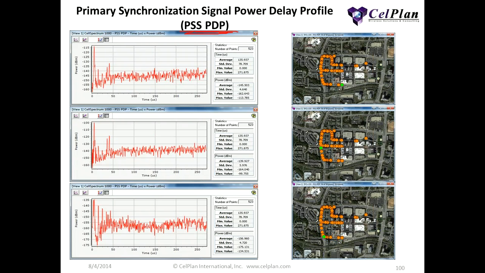Here we are showing all the multipaths that we receive, using the PSS power delay profile. Here is the main PSS that we detected, and you can see several large multipaths. Look at this last one. We measure this time up to a certain level and say, this should be the size of our normal prefix.